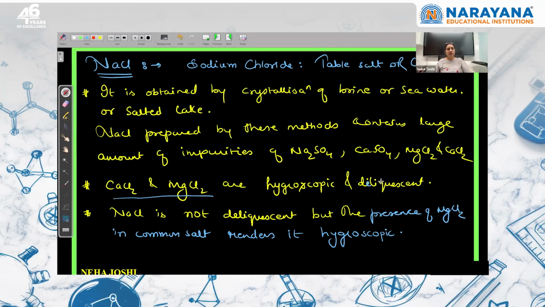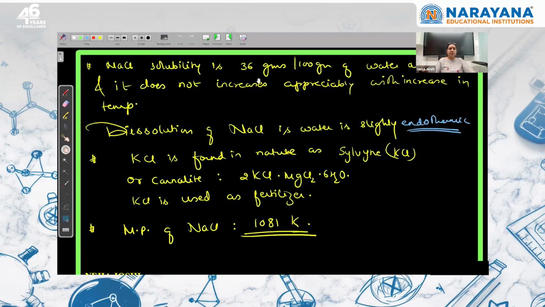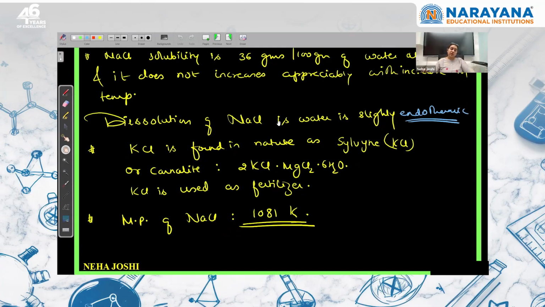That is the only important point I want to quote. Okay, NaCl solubility is quite high and it does not increase much on increasing the temperature. Dissolution of NaCl is endothermic. It absorbs heat. Okay.